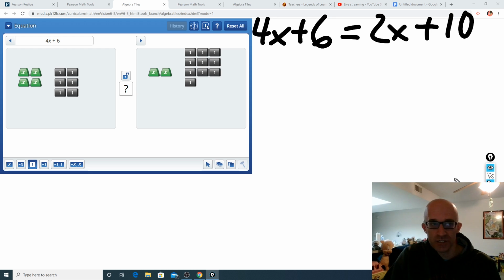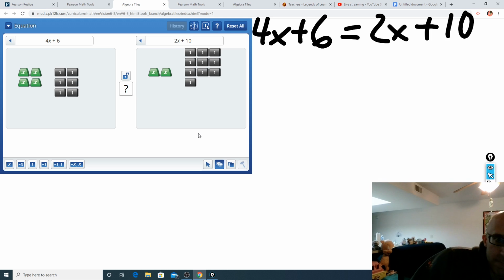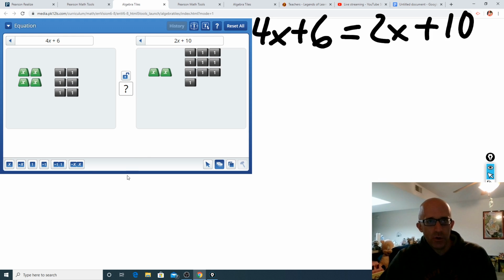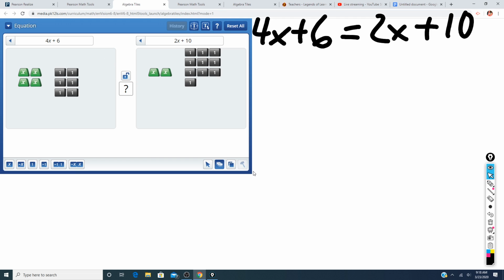So your left expression is 4x plus 6. Your right expression is 2x plus 10. And if you were incorrect, if you clicked it too many times, click that eraser tab to fix it and determine if you are good with that.